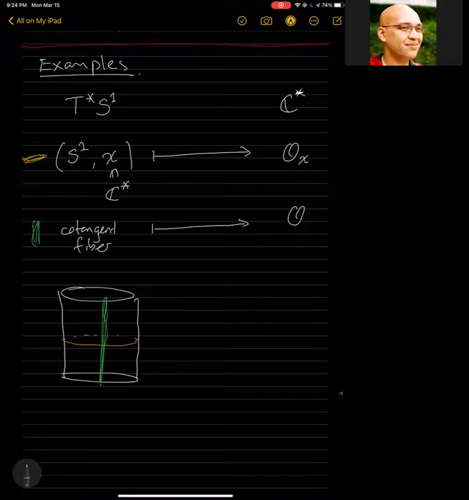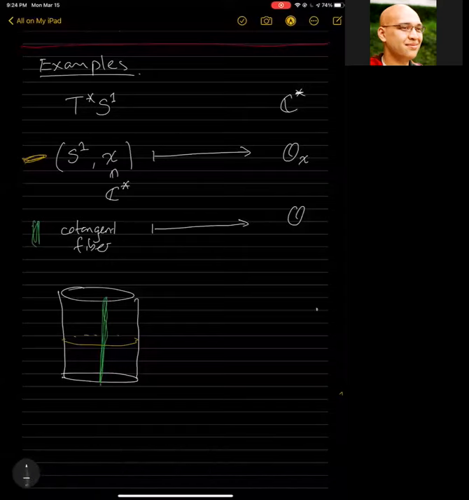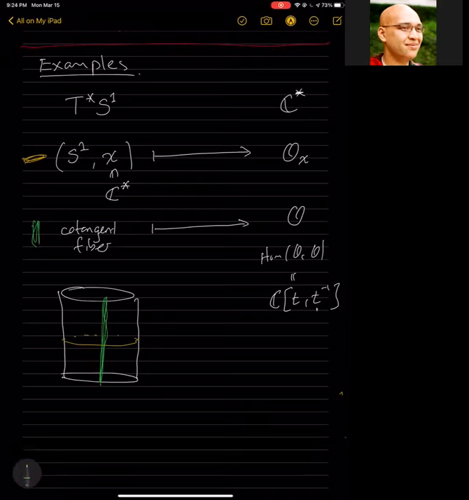But you might be concerned that Hom from O to O, well, this is the Laurent polynomials in one variable. And I'm somehow supposed to extract that from the self-intersection or whatever of this cotangent fiber.